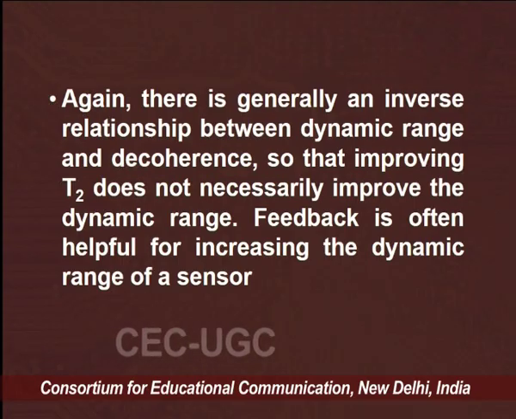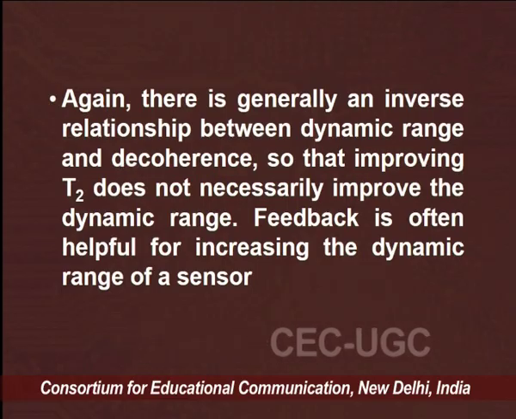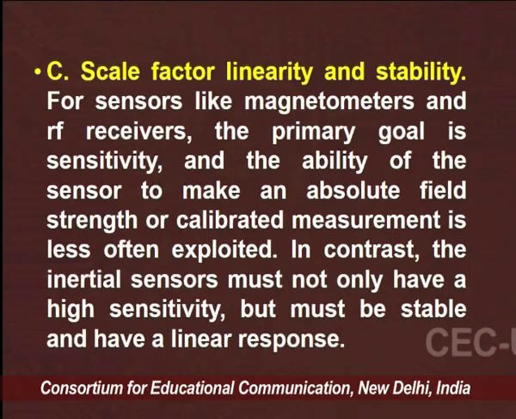Feedback is often helpful for increasing the dynamic range of the sensor. Another very important point is the scale factor linearity as well as the stability. For sensors like magnetometers and RF receivers, the primary goal is sensitivity, and the ability of the sensor to make an absolute field strength or calibrated measurement is less often exploited.